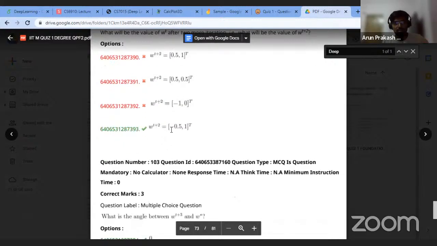Actually, you have to compute this, right? So keep this aside. Of course, while we make the derivation, we tell you that the angle between the weight vector and the positive half plane is less than 90 degrees, all these things.